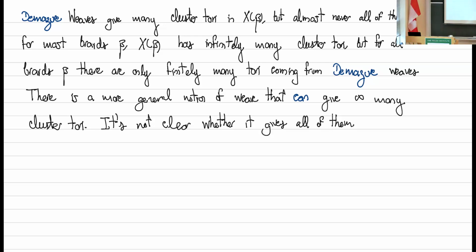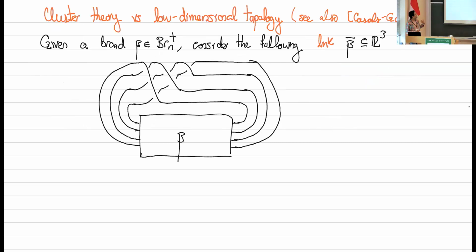Okay, so in the next 9 minutes, I guess, I want to give relations between the braid variety and low-dimensional topology. This is what Isaac was asking. Okay? So I have a positive braid, and I'm going to consider the following link in R3. So this is what I meant when I said that this is not the link you were expecting.